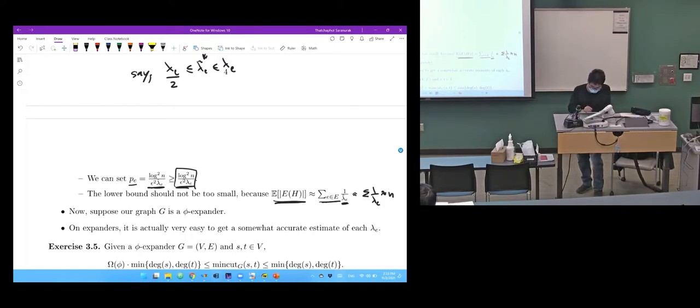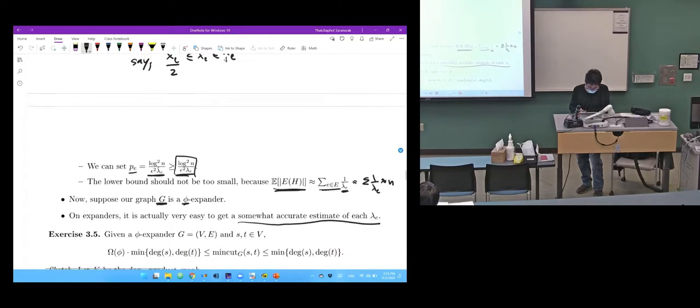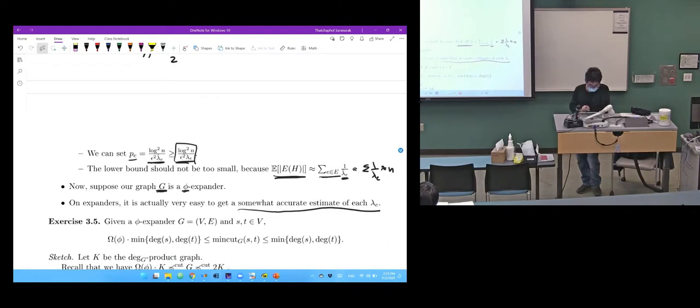Okay, so suppose that the graph is a phi expander. What we want is to get a somewhat accurate estimate of lambda_e. This is going to be quite related to your homework.